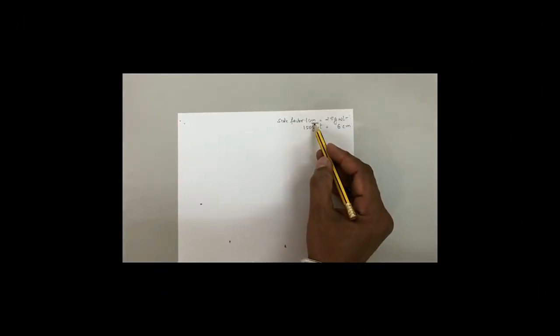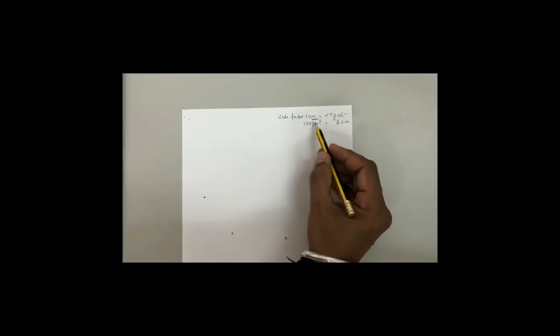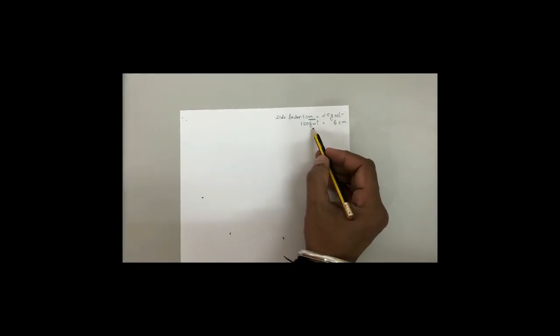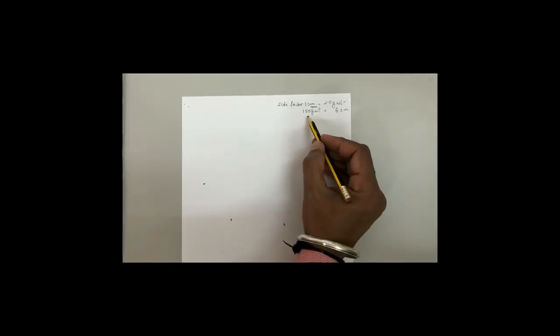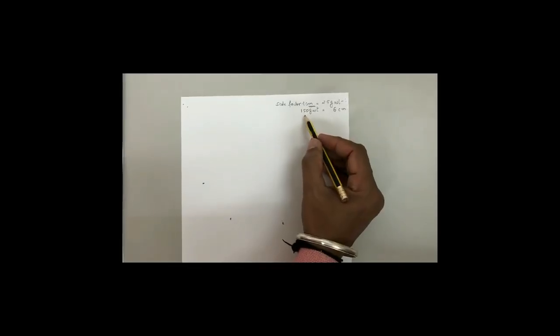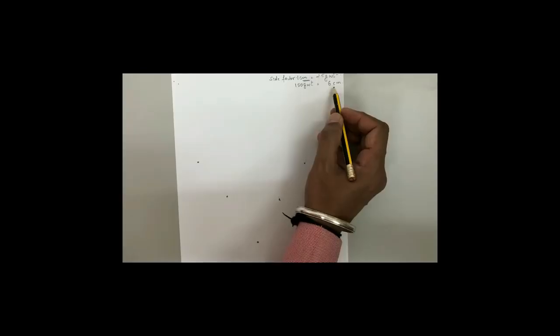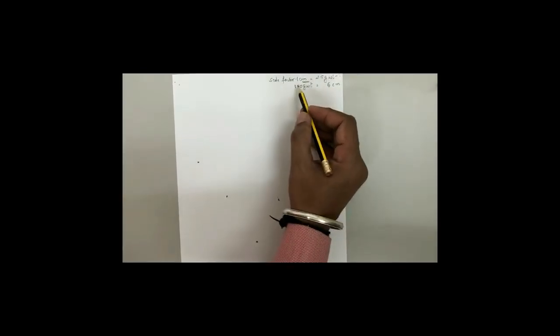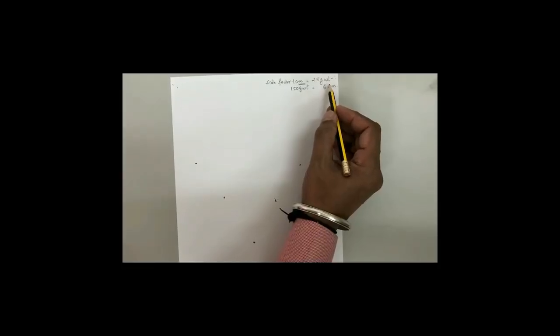Here we take 1 centimeter to be equal to 25 gram weight, and as per the experimental setup we had seen that at the ends of P and Q we had suspended 150 gram weight each. So 150 gram weight is equal to 6 centimeter. So the scale factor here is 1 centimeter equal to 25 gram weight.